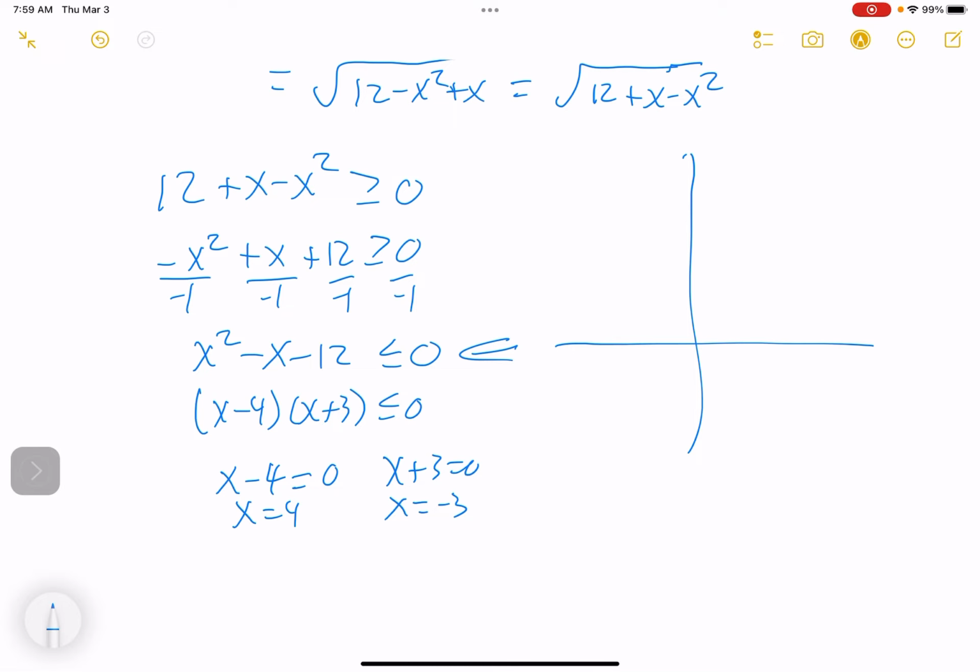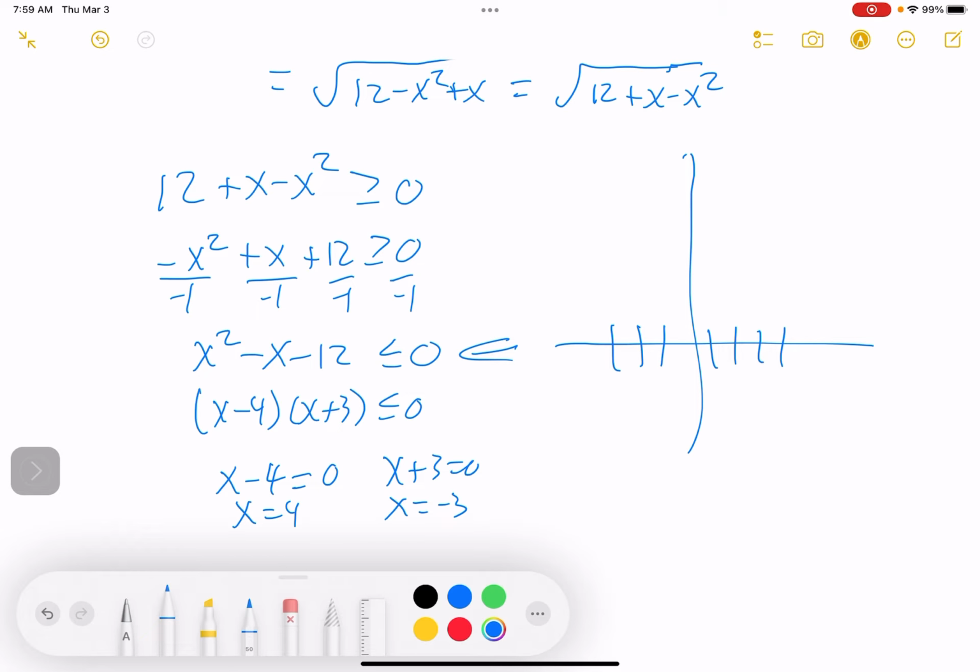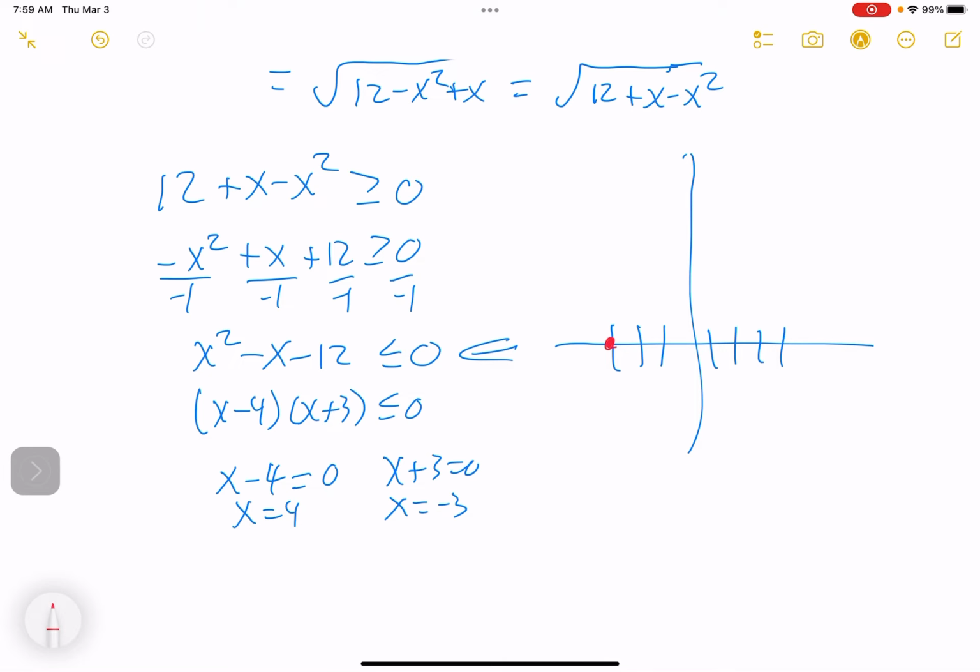So if here's our axis system, we would have it hitting here and here, and it opens up, so it'll be something like this. So our interval for it to be negative, excuse me, is going to be, with a bracket here, -3 to 4.